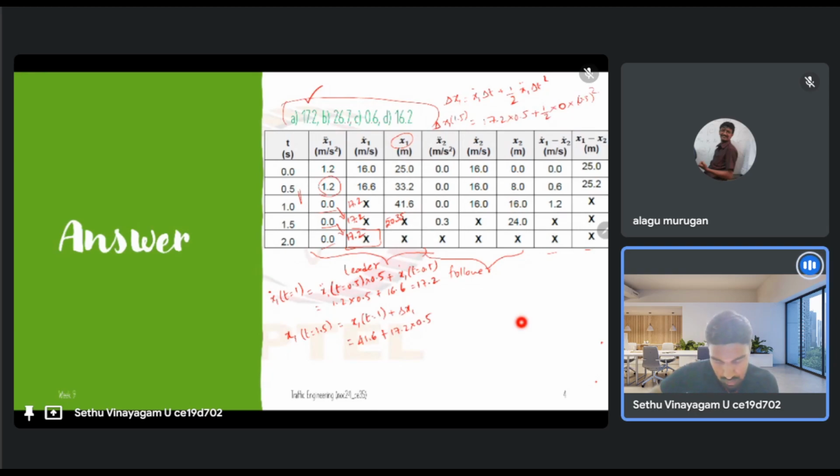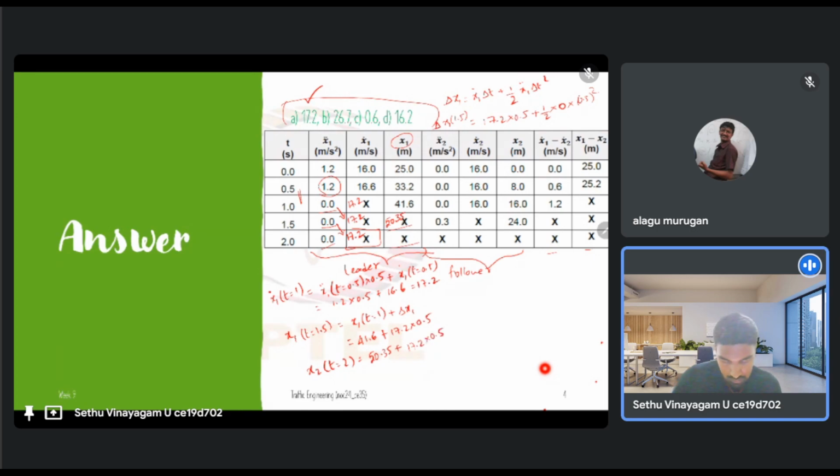Okay, so that is the position at time equal to 1.5. Similarly, we can repeat it and find the position at time equal to 2 seconds. The position at time equal to 1.5 is 50.35 plus speed 17.2 into again 0.5.